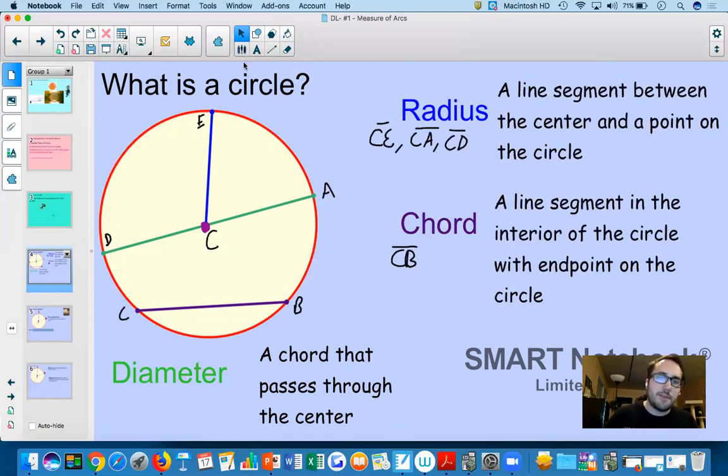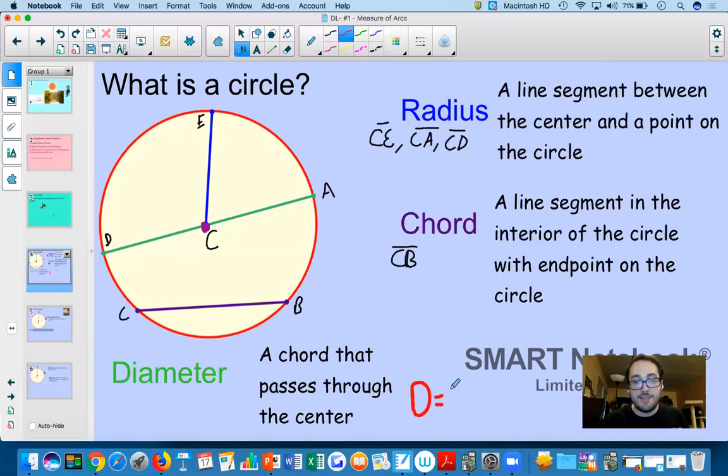So something else I want to make note of is that the radius, or actually let's look at AC. The radius is like half of the diameter. So sometimes you've seen stuff like this, that the diameter is the same thing as doubling the radius.